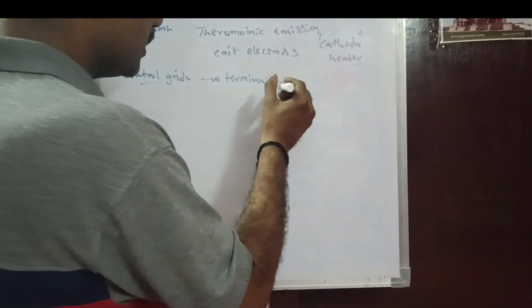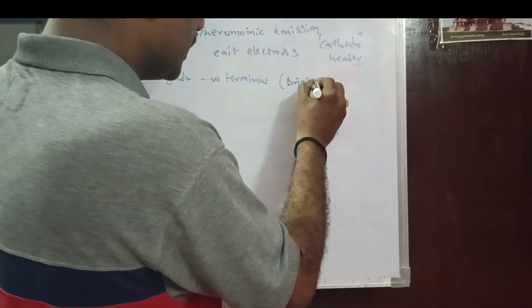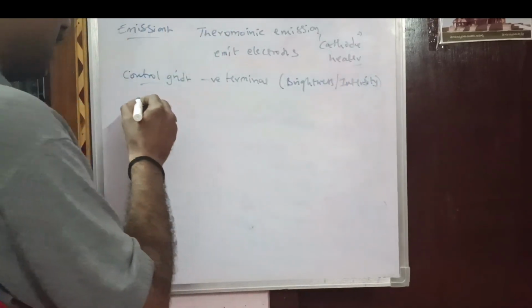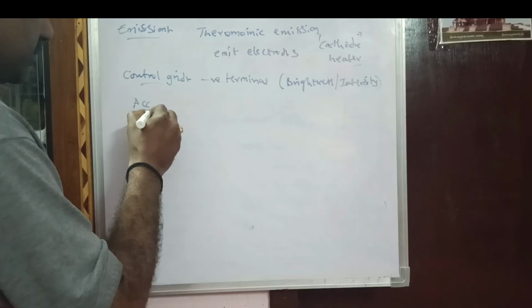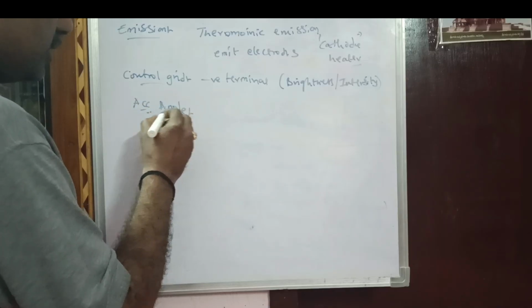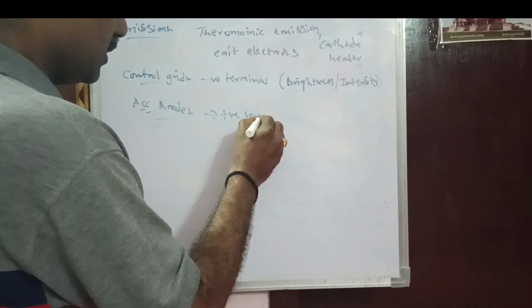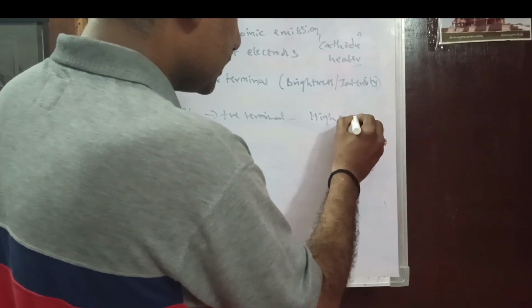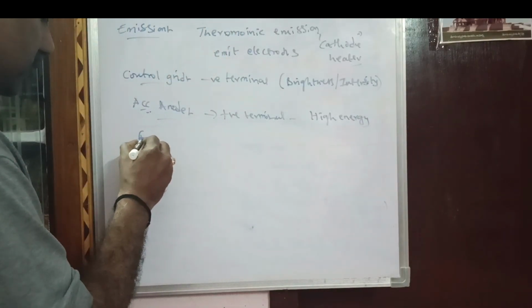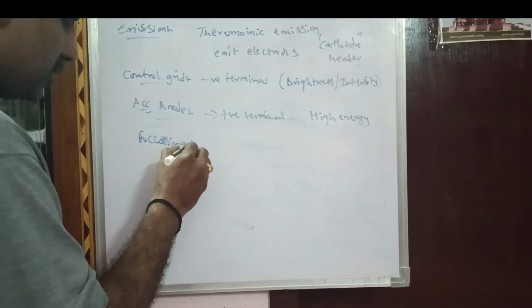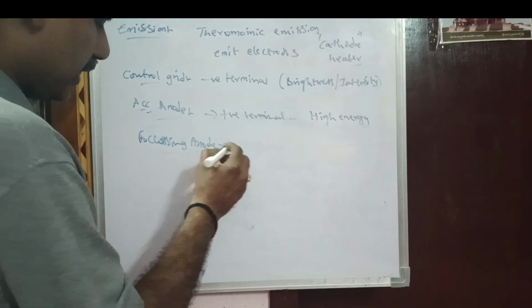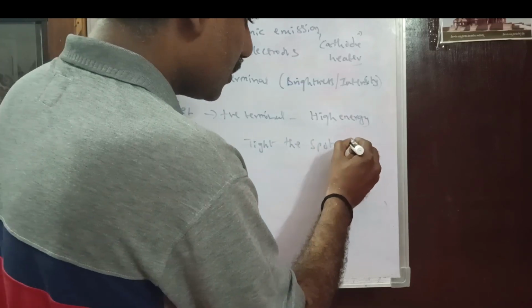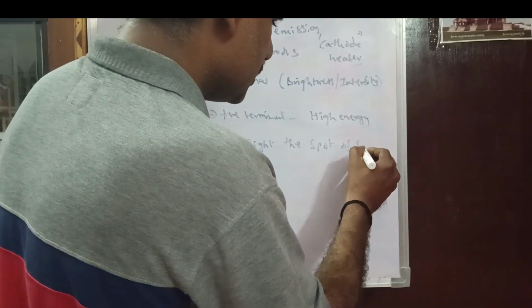It is used to control the brightness as well as intensity. Another one is the acceleration anode, a positive terminal, used to generate high energy for the signal. Another one is the focusing anode, used to tighten the spot size of the visible light.